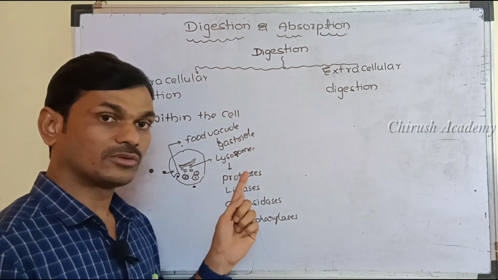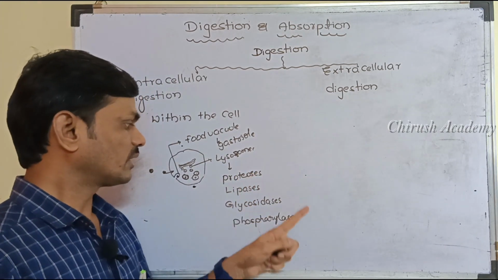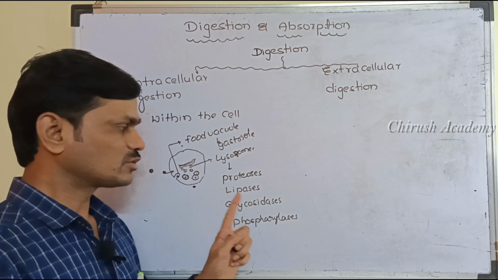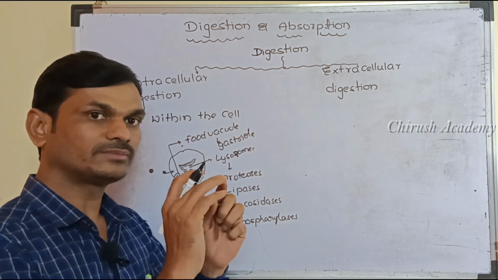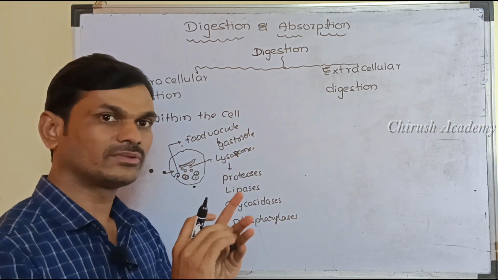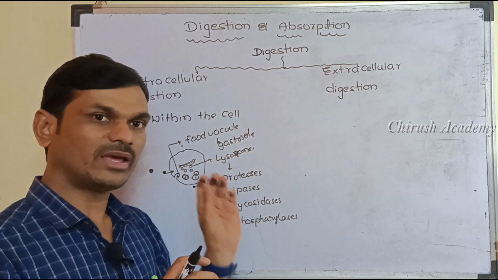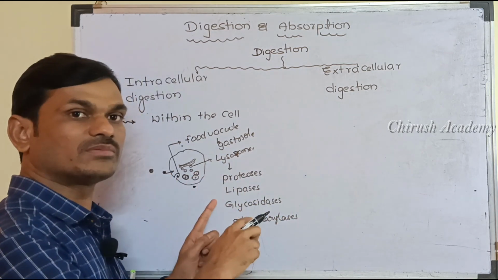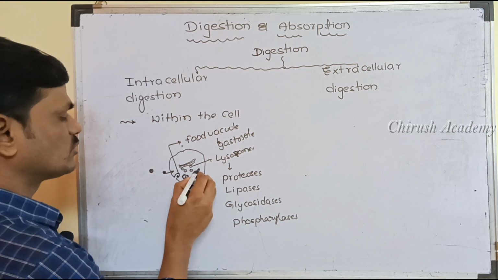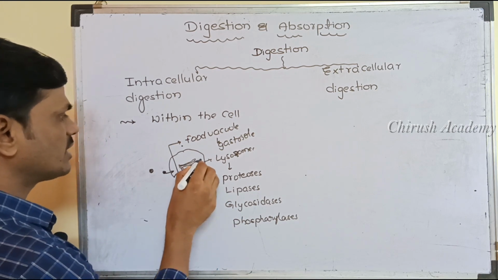Okay, so lysosomes contain these enzymes. So now the lysosome fuses with the food vacuole and releases enzymes. These enzymes help in the digestion of food materials. So now the digested materials are absorbed into the cell.